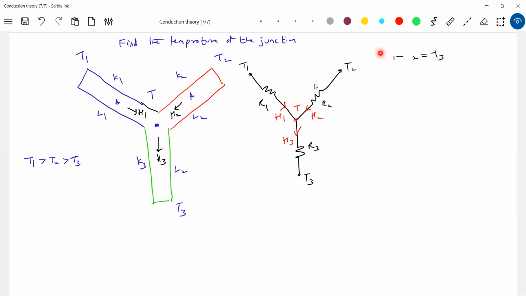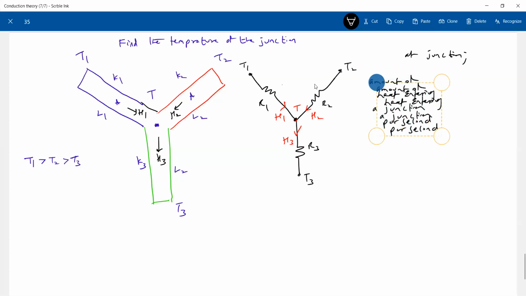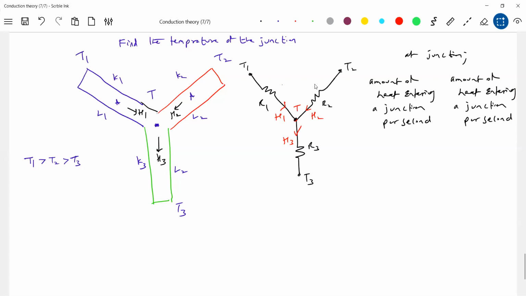So here I'll put it like a junction. Where is the junction? There's a junction. So at the junction, the amount of heat entering a junction per second should be equal to the amount of heat leaving a junction per second.